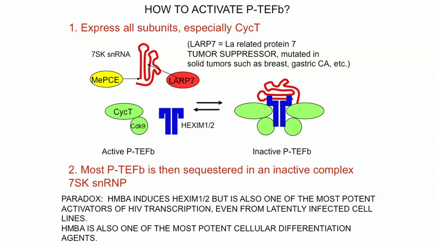So basically, if you take any cell line that you people work with, for example, Jurkat cell line, HeLa cell lines, 90% of all P-TEFb is in this large inactive complex, and only about 10% or less is in this active complex, which is required for transcription. So here the kinase is dead, the CDK9 kinase, which otherwise phosphorylates all these important targets, is inactive.